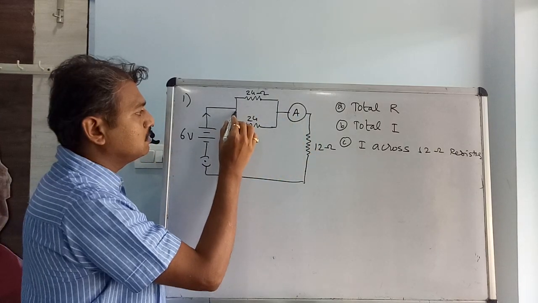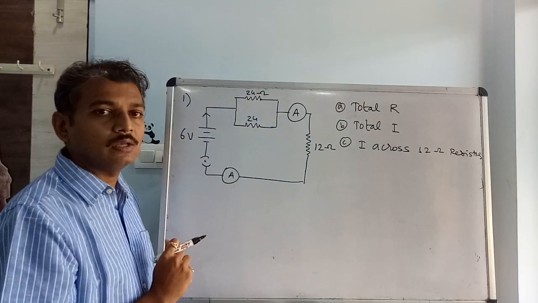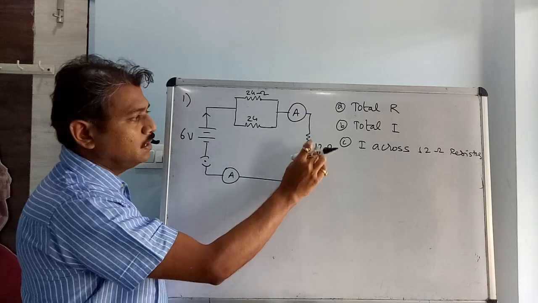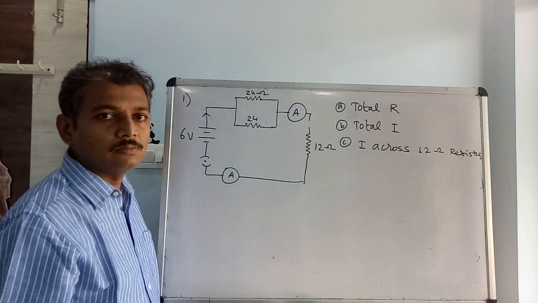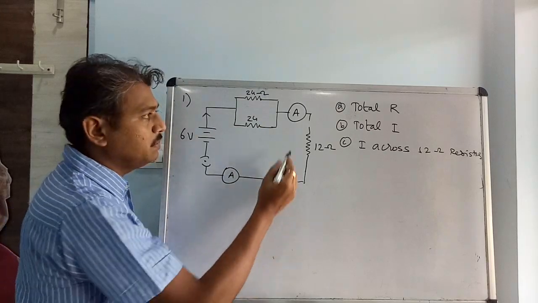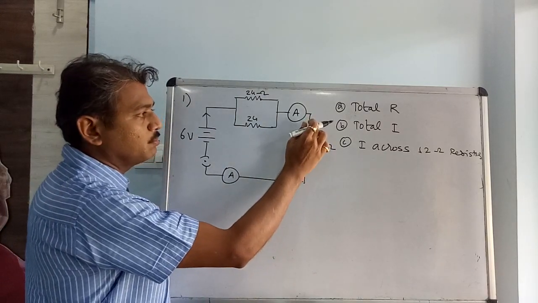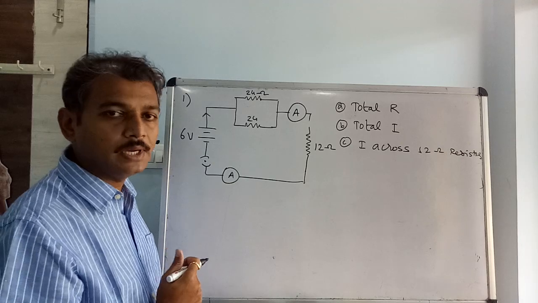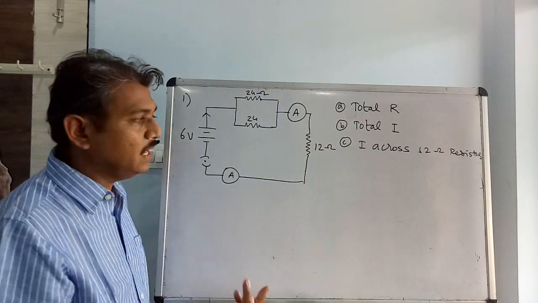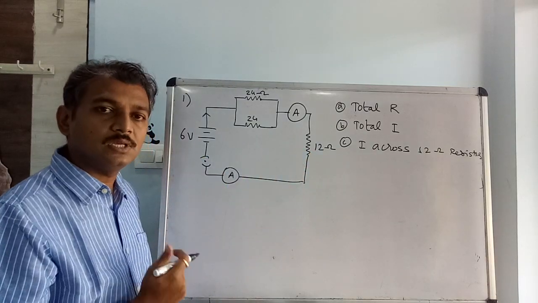This means these two resistances are in parallel with each other. If the wire is broken here, then the current will not be able to flow. It means the current will come till here and it is broken here, so the circuit is not getting complete. It is clearly saying that this resistance is in series.